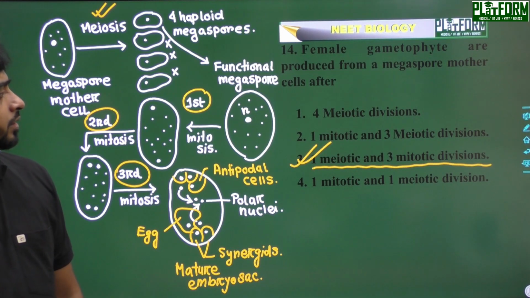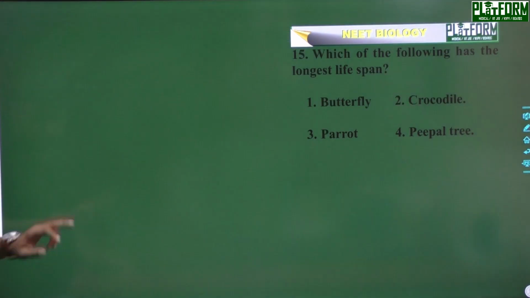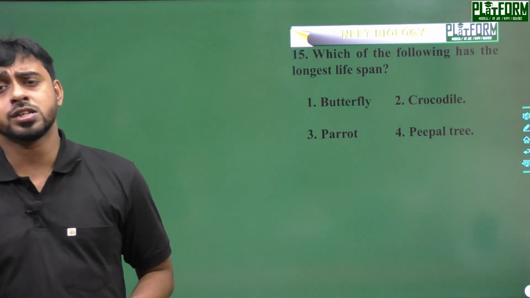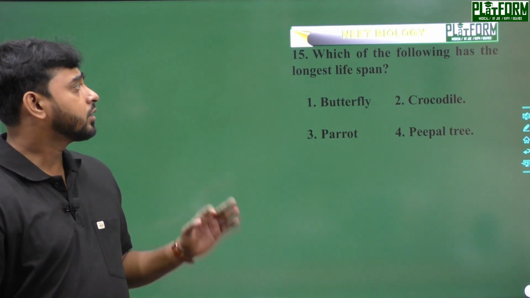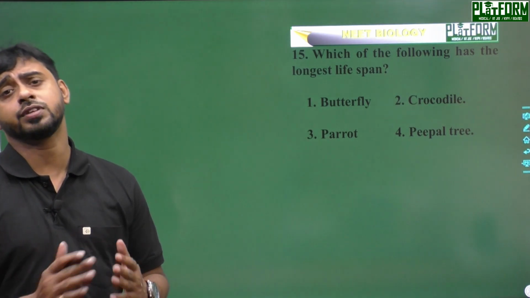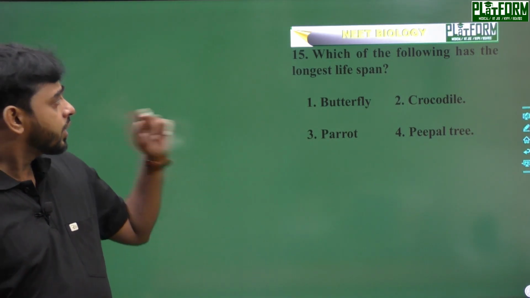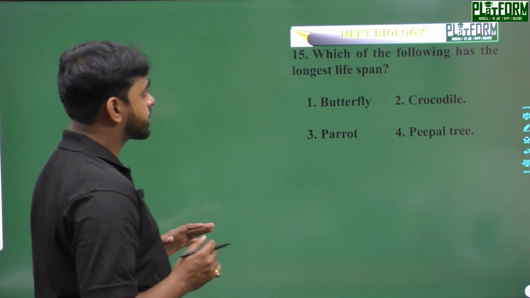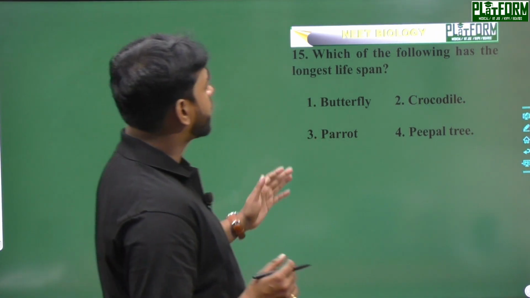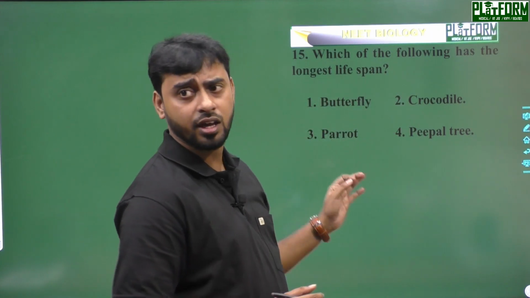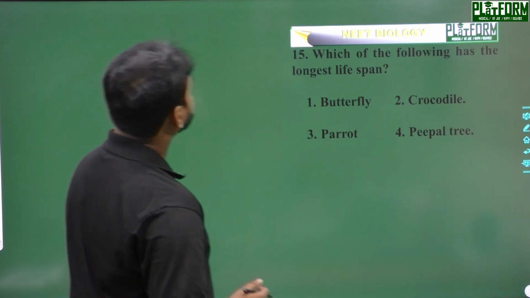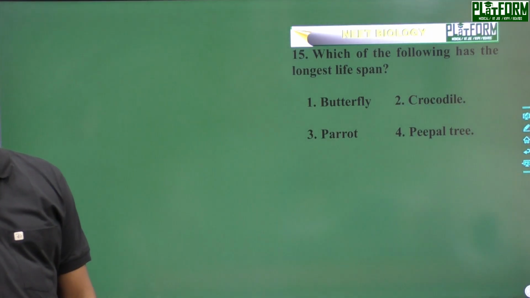Okay. So move to our next question. This particular question is from the first chapter of class 12. It is an information based question. Here it is written, which of the following has the longest lifespan?